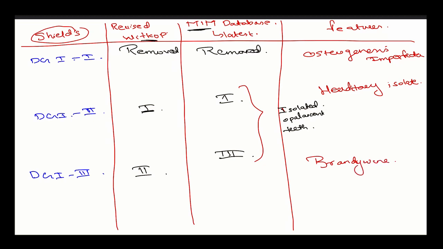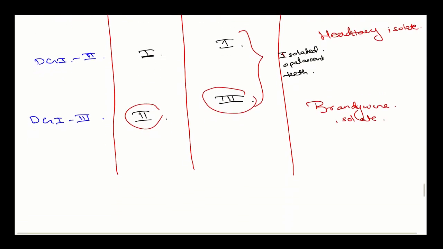Okay, these are the other names for each, and you have to know this classification. They'll ask you, according to revised Witkop, Brandywine isolate is what? 2. According to the MIM classification, Brandywine isolate is DGI type 3.